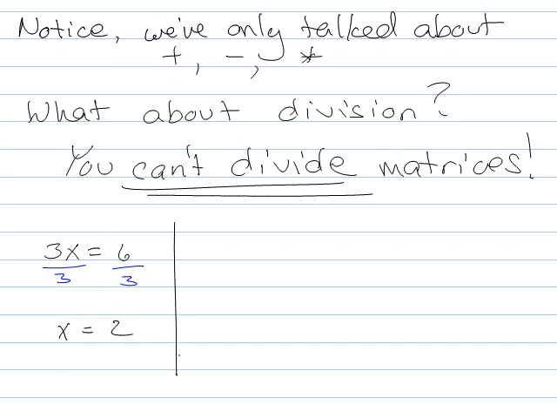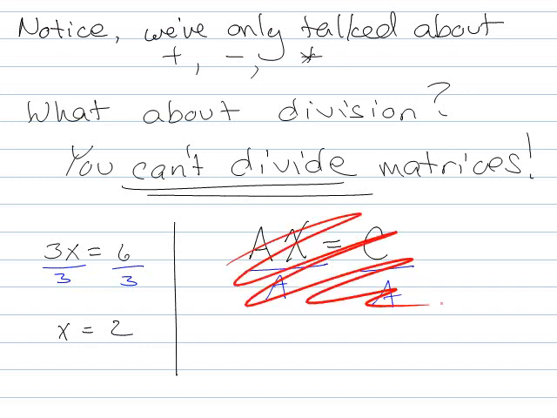However, if I had a matrix like A times x equals some other matrix, I cannot divide both sides by A. There is no operation for division of matrices, so we have to figure a way around it.